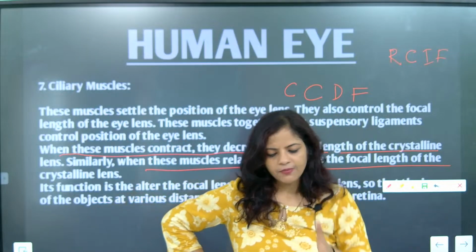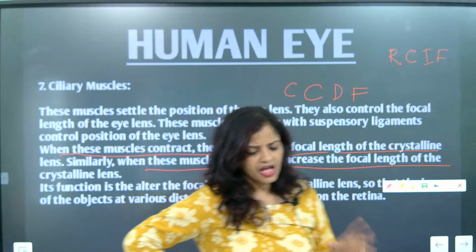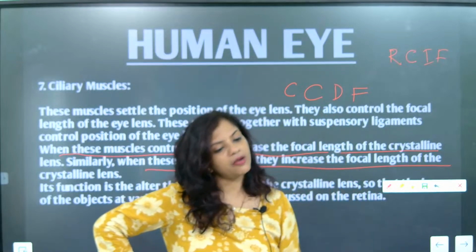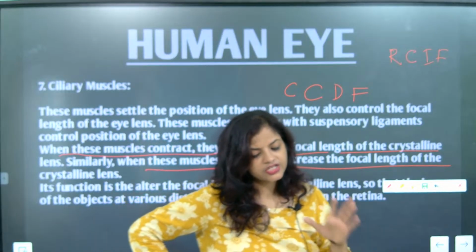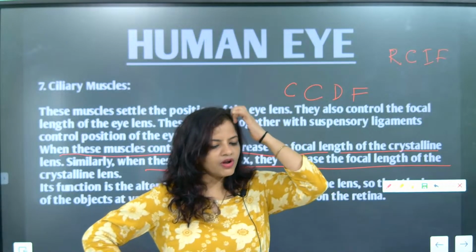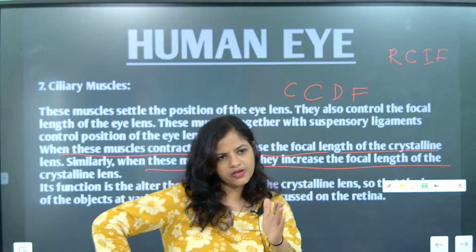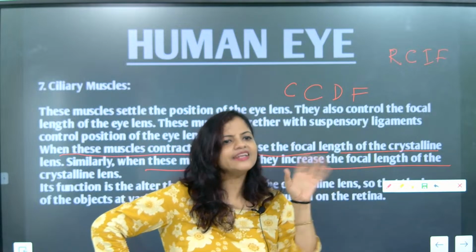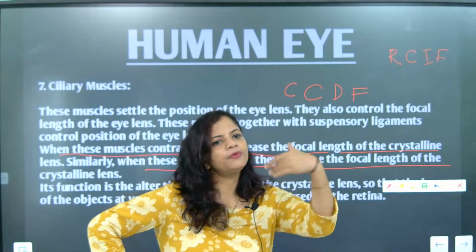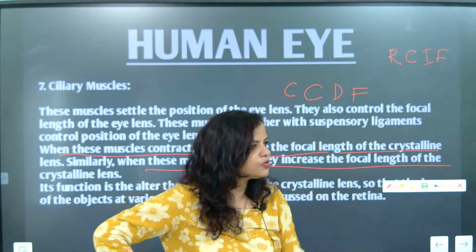Children, I'm asking one question. In any camera, can the focal length change or is it fixed? When you are seeing one friend, the backside is a little blurred, but at the same time you are able to see both the background and that person.